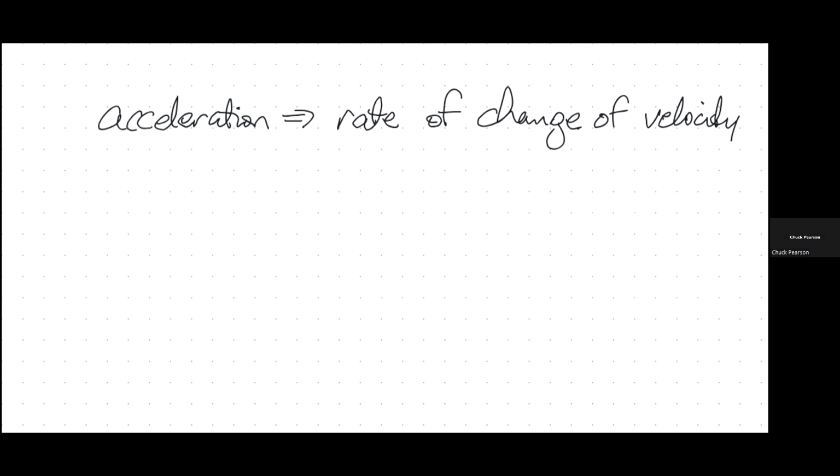Velocity is how quickly a position is changing. That's the classic, how fast are you moving? Acceleration is how fast velocity is changing.